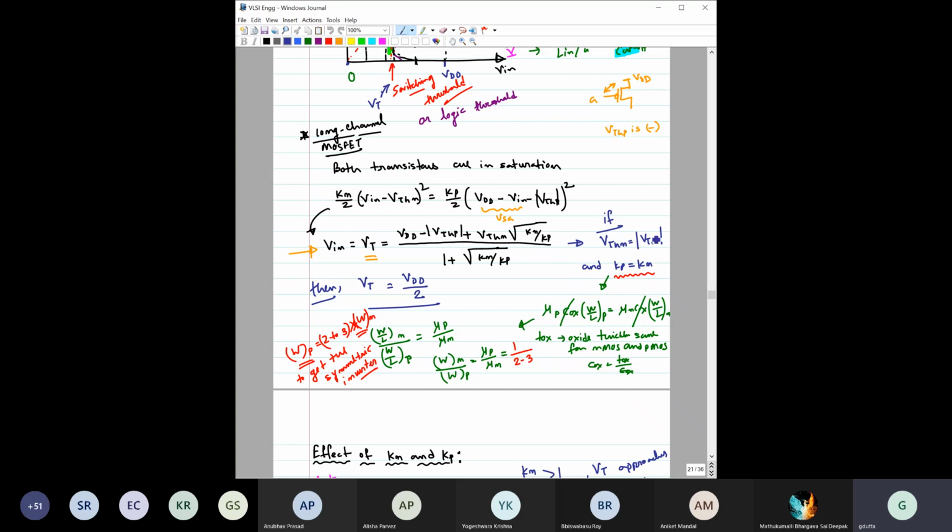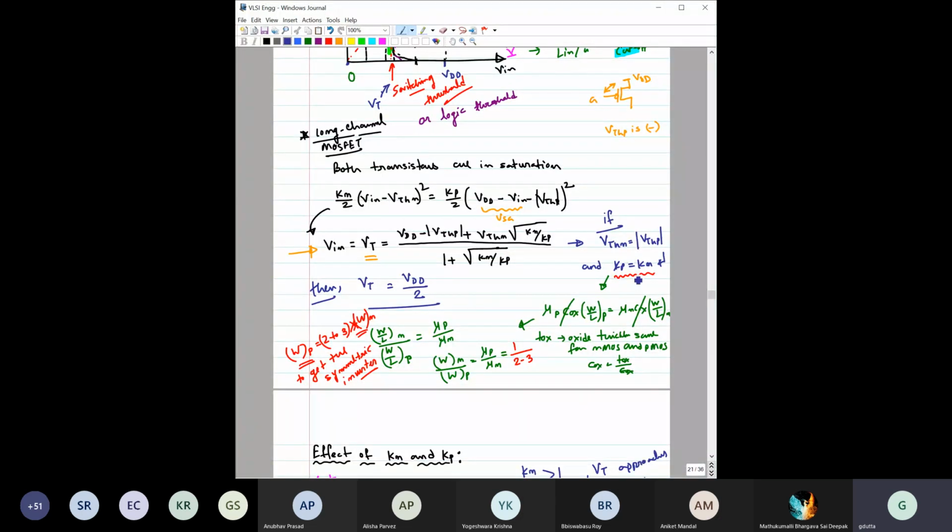When these two criteria are satisfied, Vt will be nearly equal to VDD by 2. Here Kn and Kp are the transistor parameters, the process parameters, for NMOS and PMOS respectively.